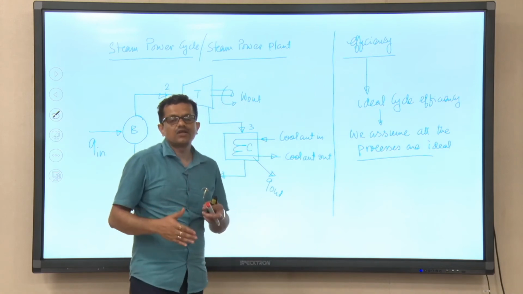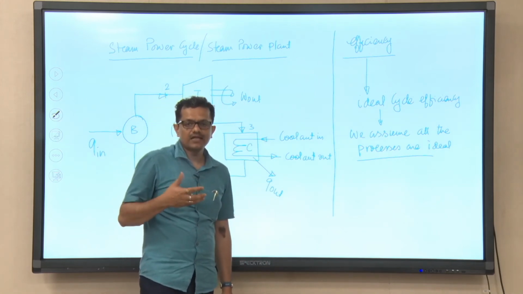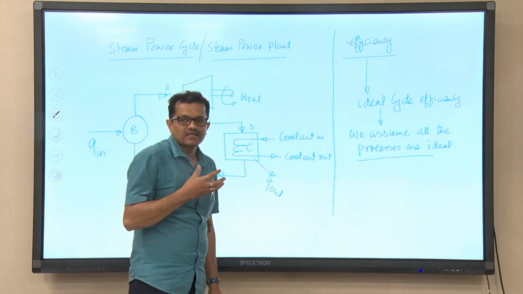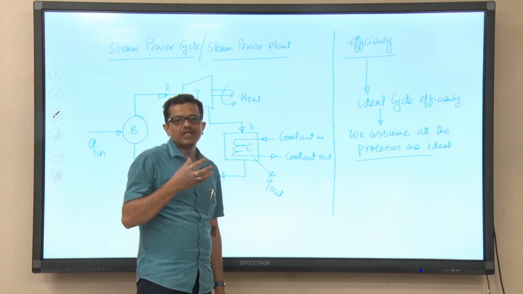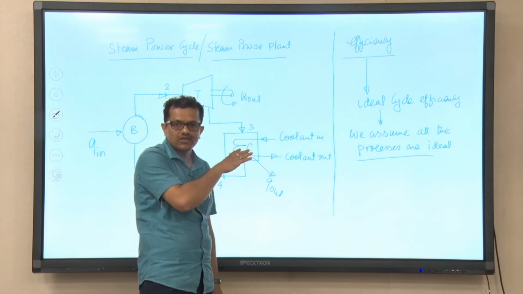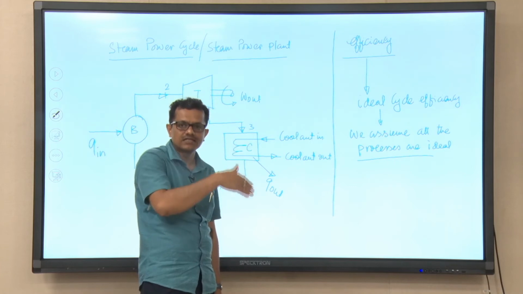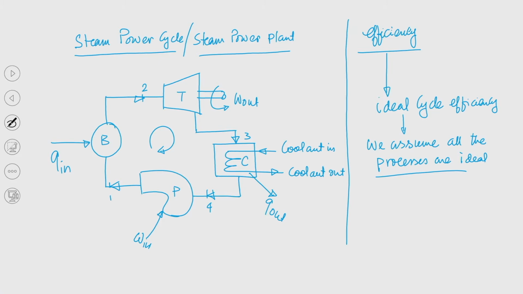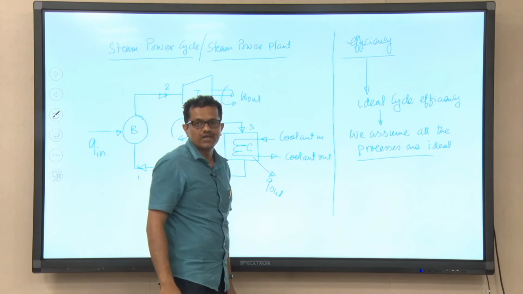But this is not the case in reality. In a practical scenario, some degree of irreversibility will be there in all the processes. Some degree of irreversibility is there in the pumping process, in the boiling of liquid, in the expansion of the steam inside the turbine, and in the condensation of vapor into liquid.